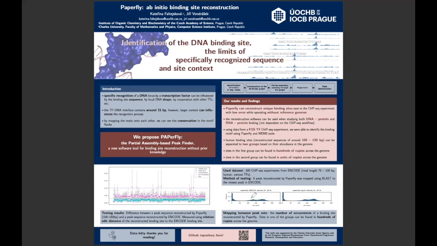These two groups are almost equal in size. We are still not sure what causes this phenomenon because the sequences in the groups with hundreds of occurrences have little to no similarities in sequence nor in local DNA shape.